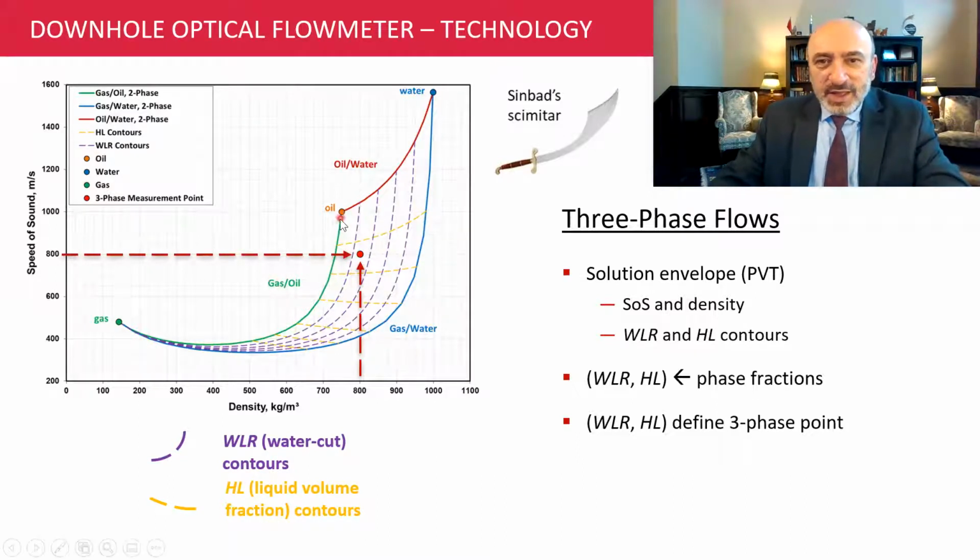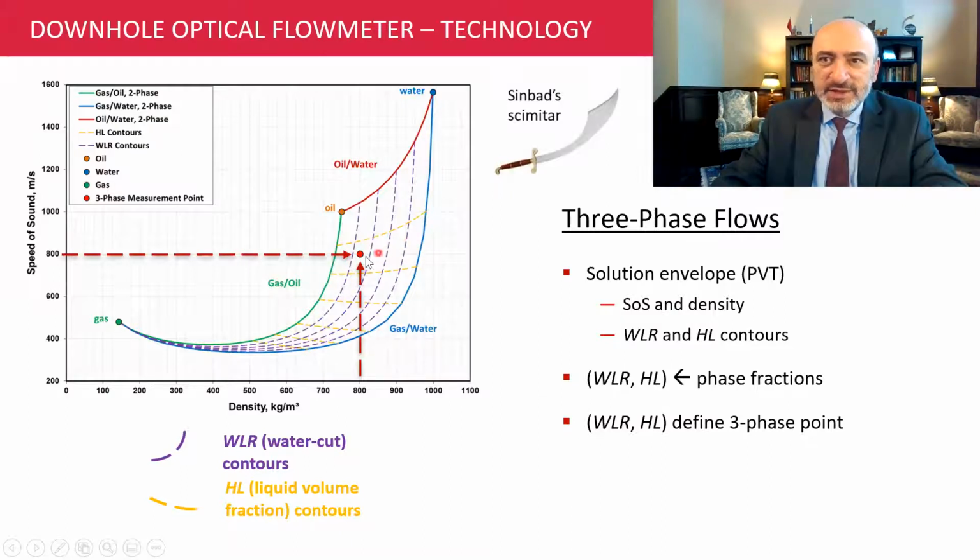Now, interestingly, this point here is a three-phase solution point. This is an example point that I selected. There is a water cut contour that goes through this point, and there is a liquid volume fraction contour that goes through this point here.